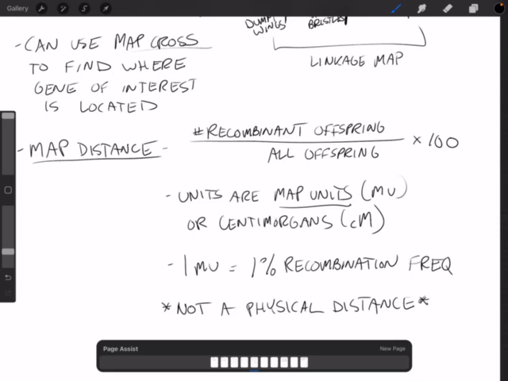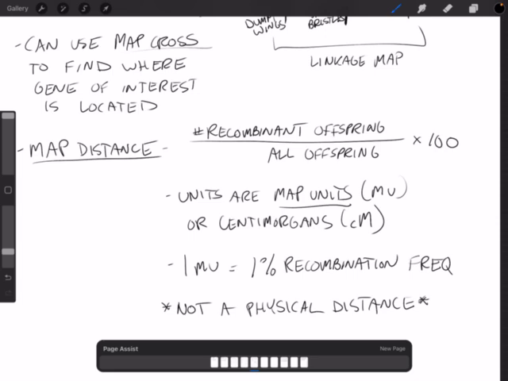Question? So the lower the recombination frequency, the more likely it is that the genes are linked? Yes. Yep. So the lower this number, the closer the genes are, the more linked they are. Centimorgans. Does that make some sense?